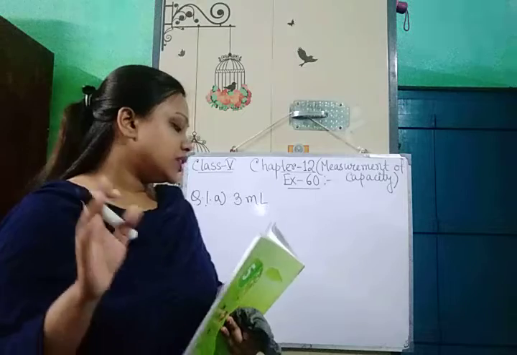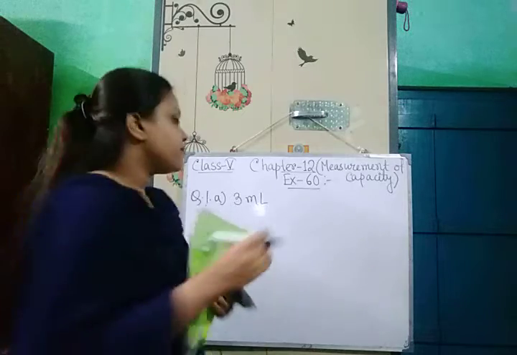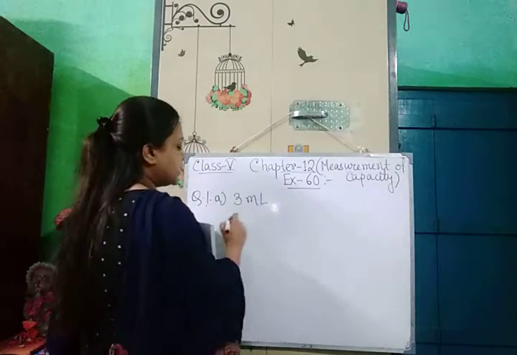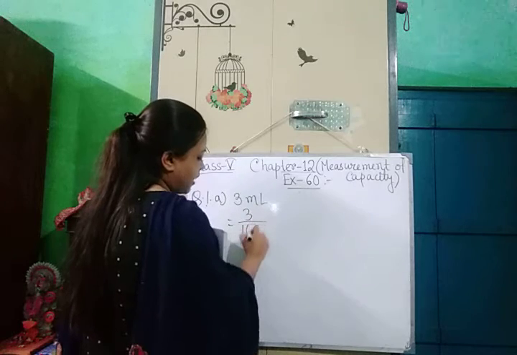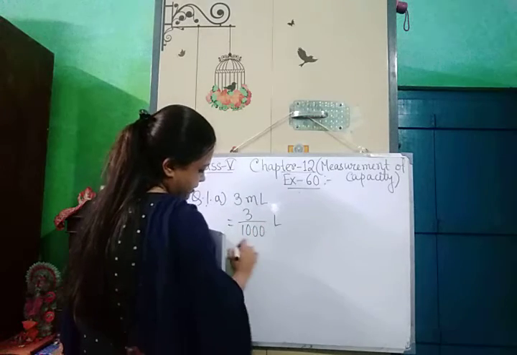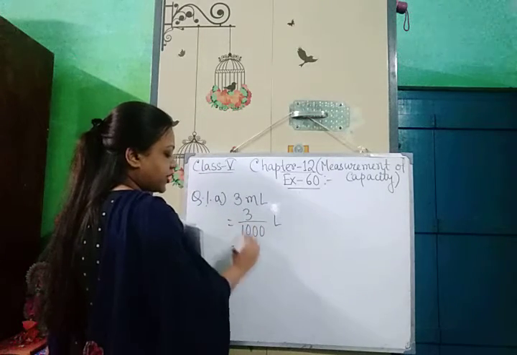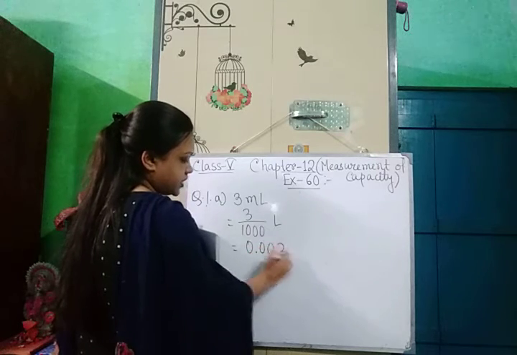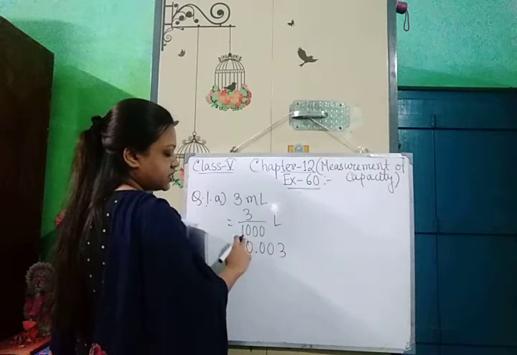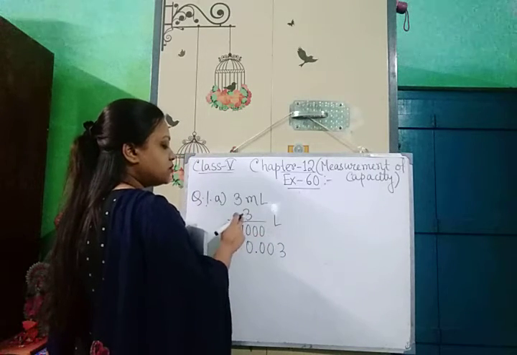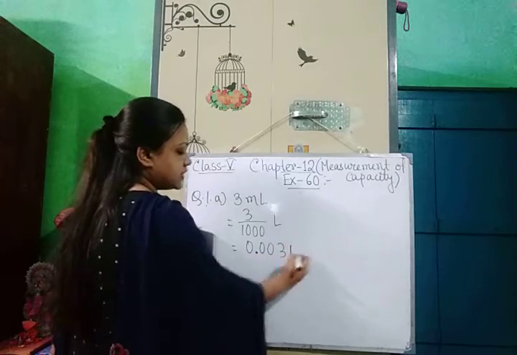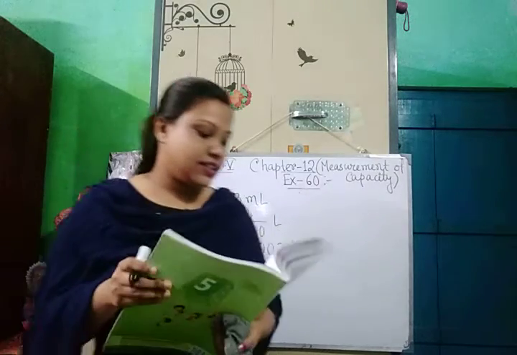I have told you the conversion from ml to liter, that 1 ml equals 1 by 1000 liter. So 3 ml equals 3 by 1000 liter. That means the number will be 0.003. 3 zeros are there in the denominator after 1, so the point will move to the left 3 places. So it will be 0.003 liter. Okay, I hope this is clear.